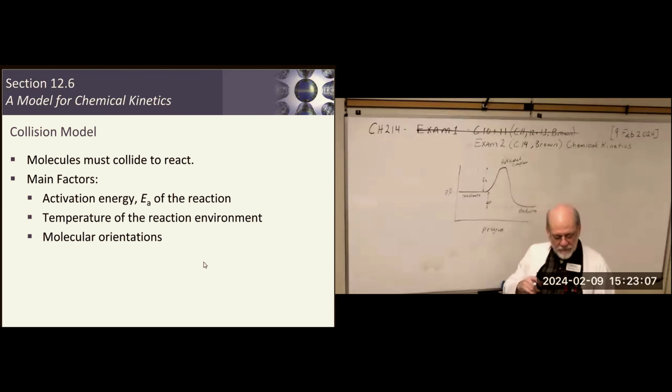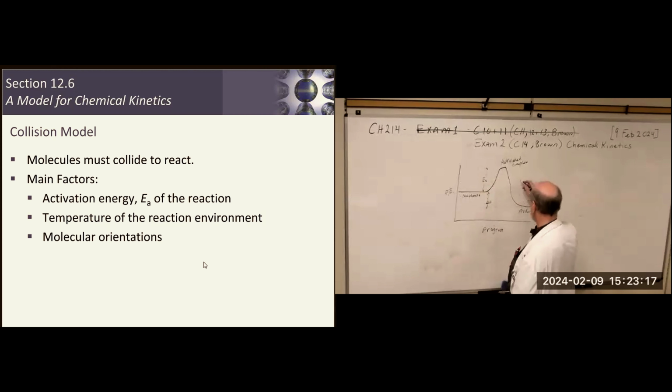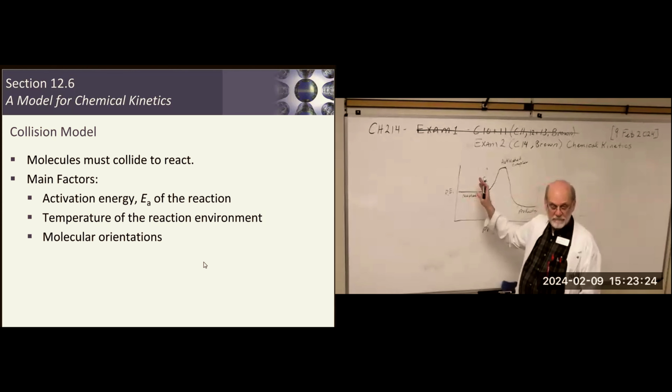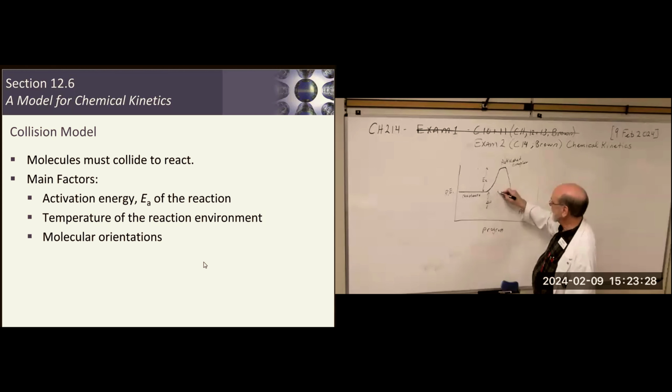So we're going to talk about next chapter, my chapter 13, this part here and this part here. These two sides together are equilibrium. This part in here is kinetics.